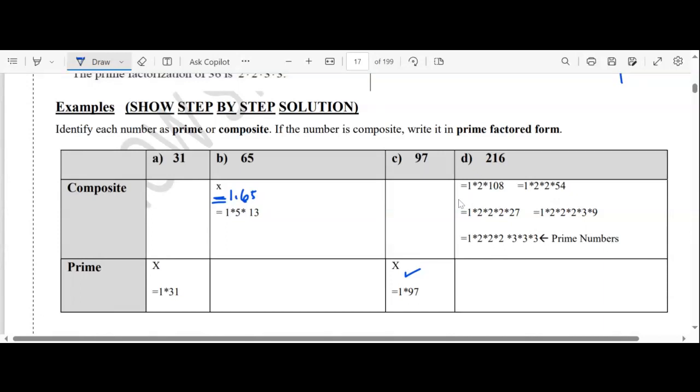Why? Because I can multiply times other numbers, right? 1 times 2 times 108, and then you break it down, and your final answer will be 2 to the power of what? 3 times what? 3 to the power of what? 3. And that's your final answer. Because you have to have it as prime numbers. Is this clear?